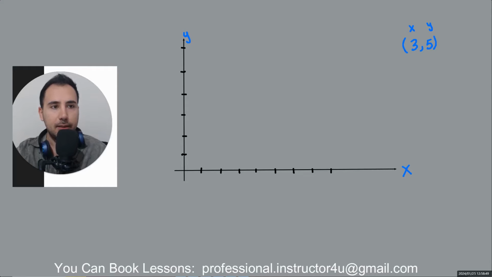So to find this, we go 1, 2, 3, and then for the y value 1, 2, 3, 4, 5. So the point will be around here. This is point 3 and 5. The x value is 3, and the y value on this graph is 5.